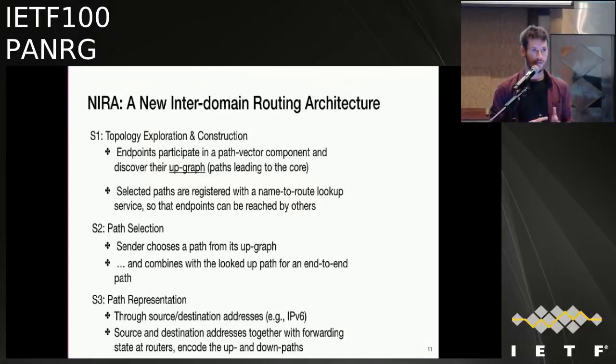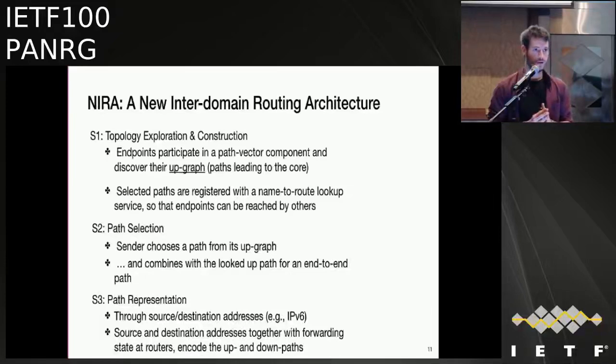Now, part of these paths will be selected, and then they will register with a name-to-route lookup service so that other endpoints can look them up in order to construct end-to-end paths. About path selection, the sender will choose a path from its up graph, and then it will combine that up path with a looked-up path in order to construct the final end-to-end path.